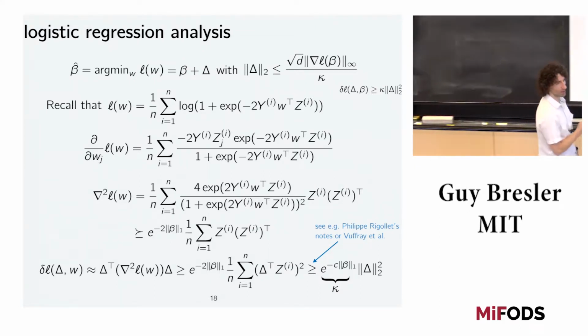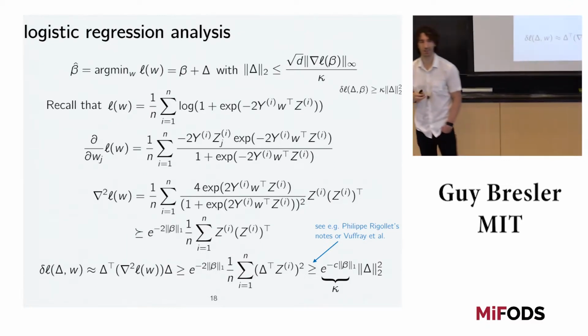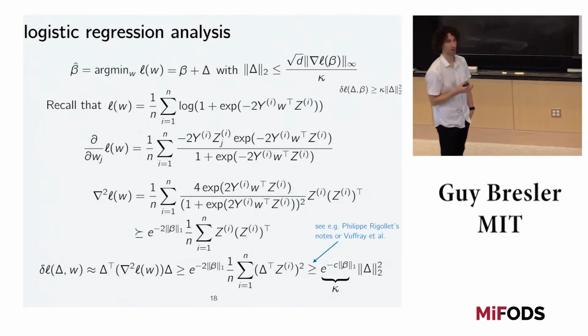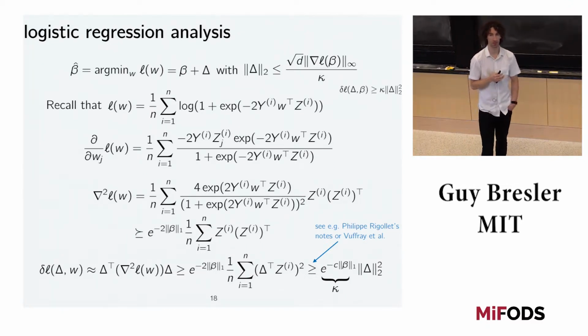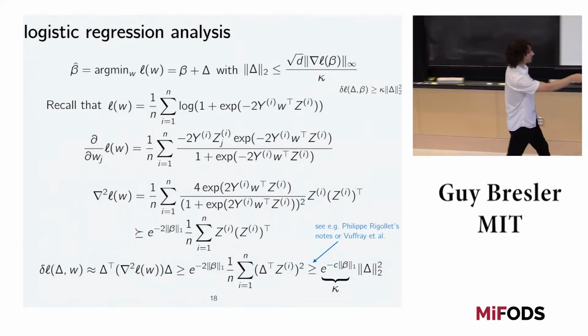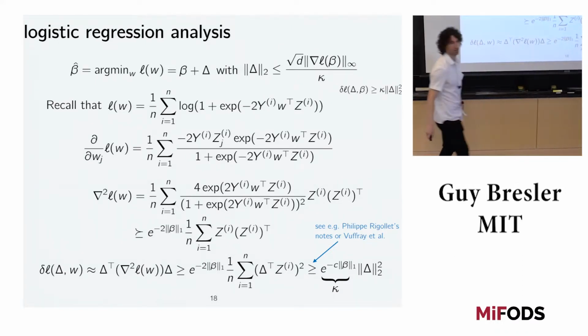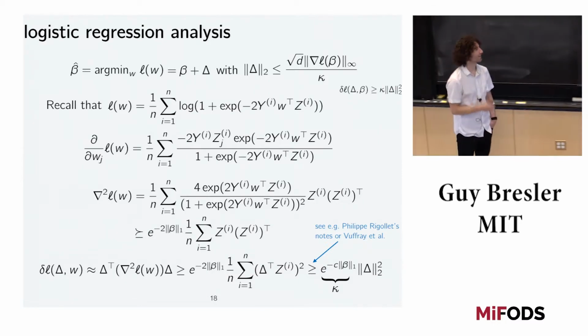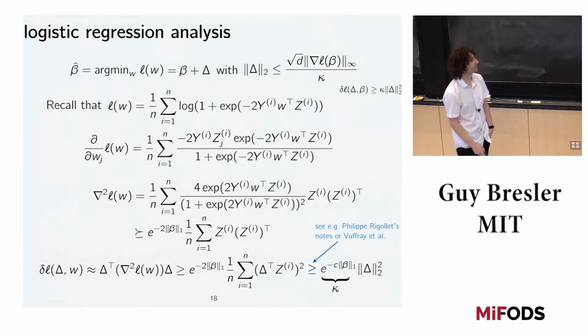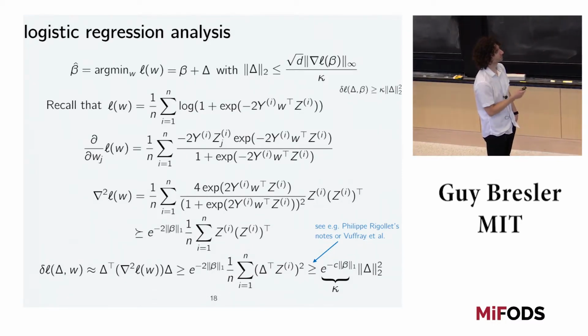For those of you who have seen analysis of regression, this is essentially like a restricted eigenvalue or an incoherence condition on the design matrix described by Z. I won't say more in that direction.